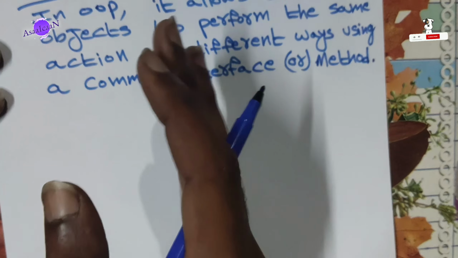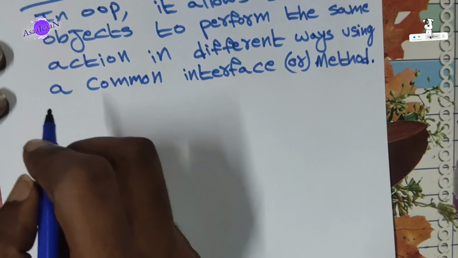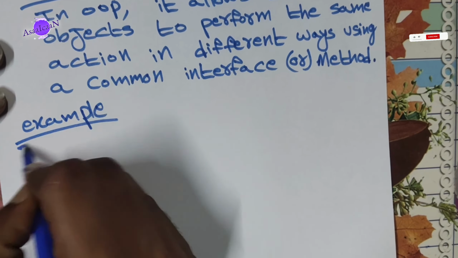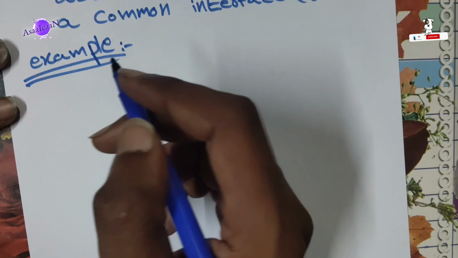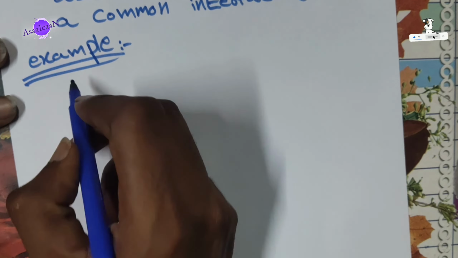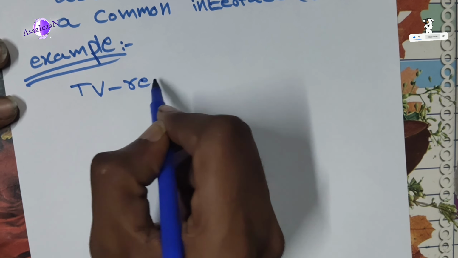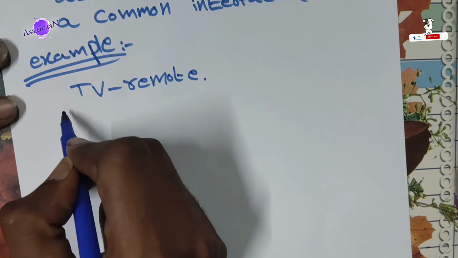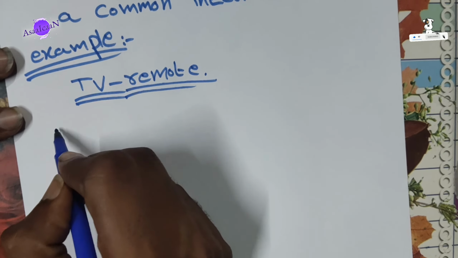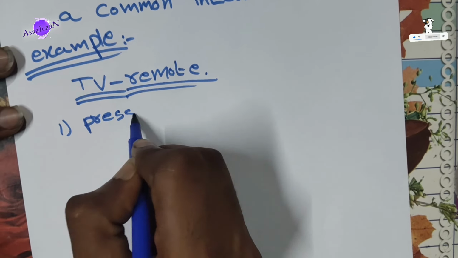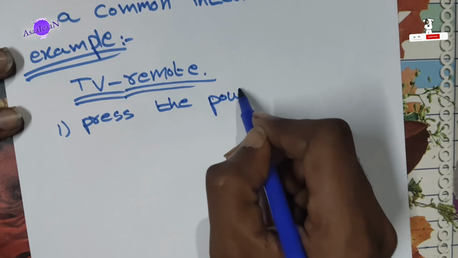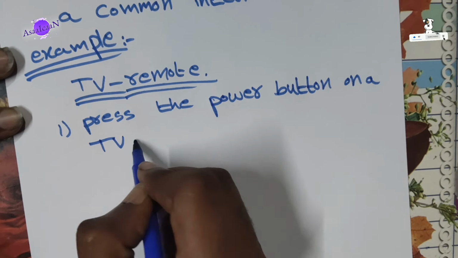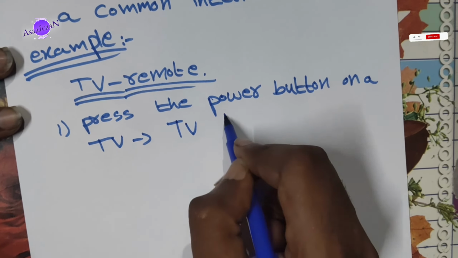Now in simple words, for a real life example, I can write a real life example. It is very simple. Look here. For example, like a TV remote. Press the power button on a TV, so the TV turns on.